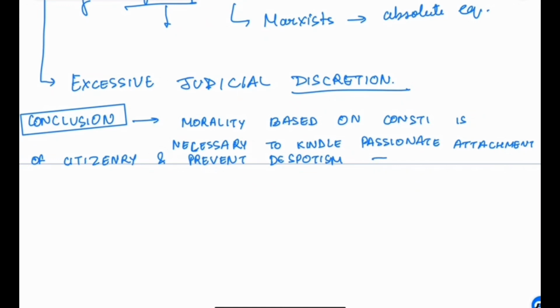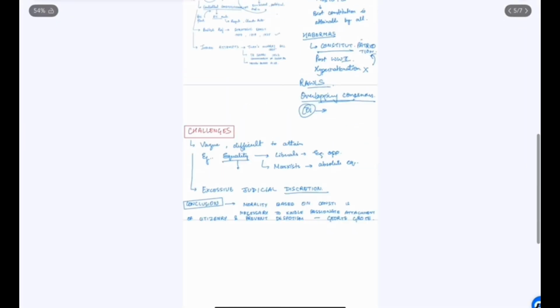This is said by George Grote, who is considered to be the originator of the term constitutional morality, and Dr. Ambedkar has quoted this in Grammar of Anarchy, so it is a very relevant quote.